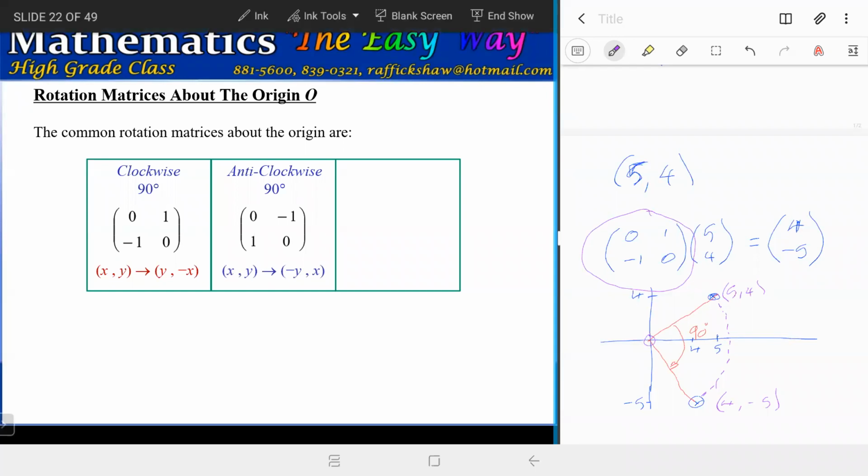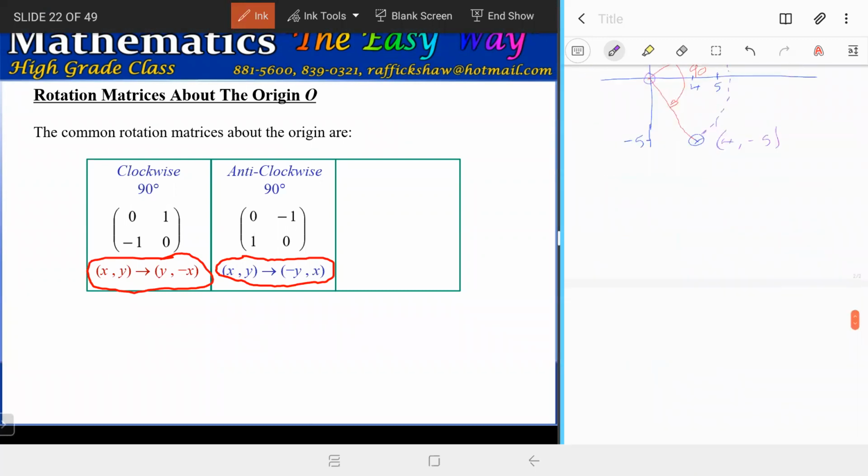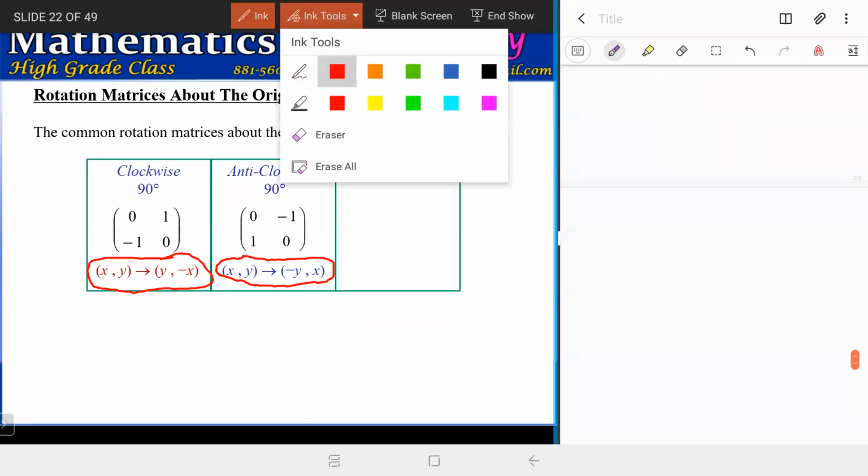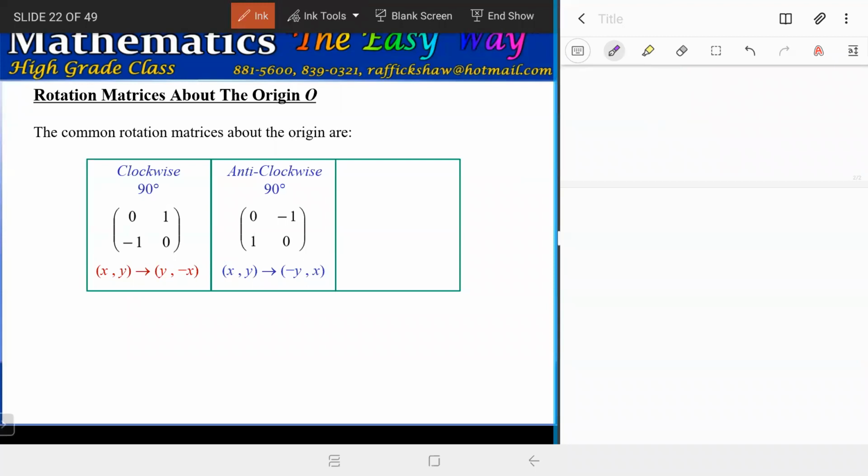I don't try to memorize the results of these, because they can be worked out easily once you know the matrix. So I'm going to show you one more time how you can work them out. For the first one, I have the matrix 0, 1, -1, 0, and I'm using a general point (x, y). I want to see what that point will go to if I rotate it clockwise 90 degrees about the origin.